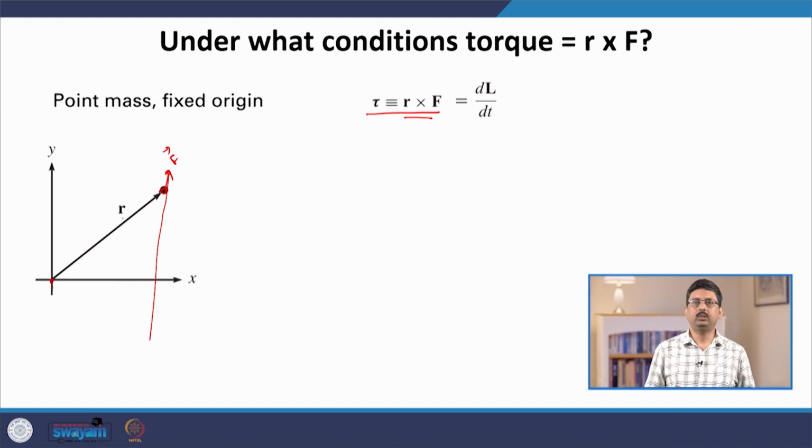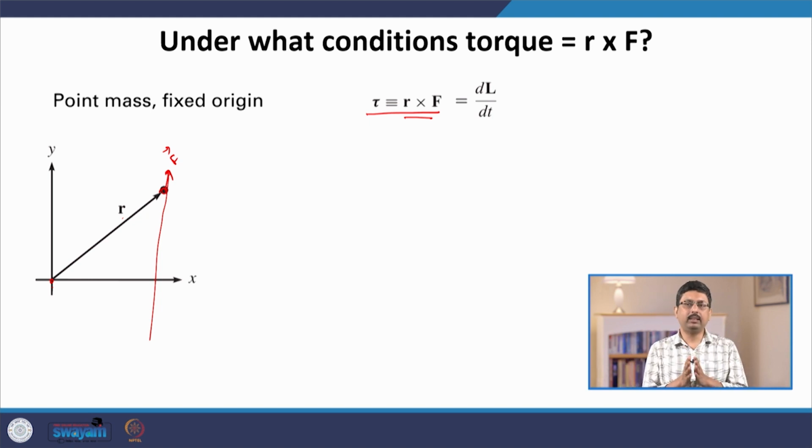You have also seen that the effect of this force is to change the angular momentum, which is analogous to Newton's law that the force is equal to the rate of change of linear momentum. Our goal today is to critically examine this relation.